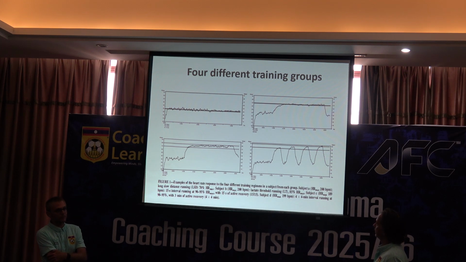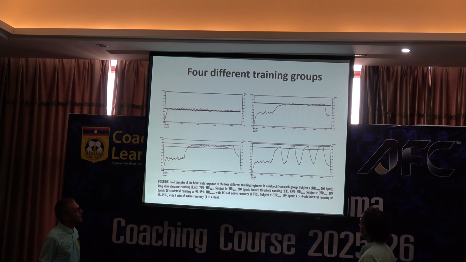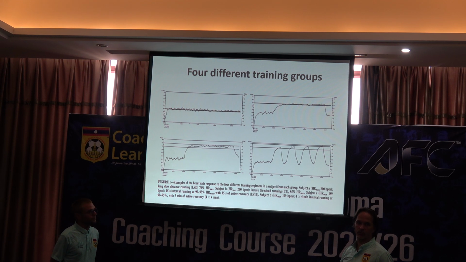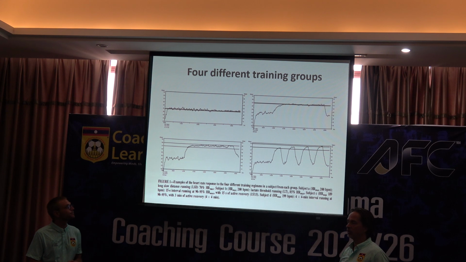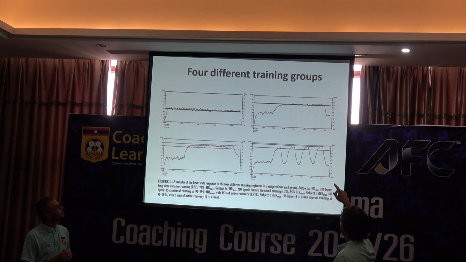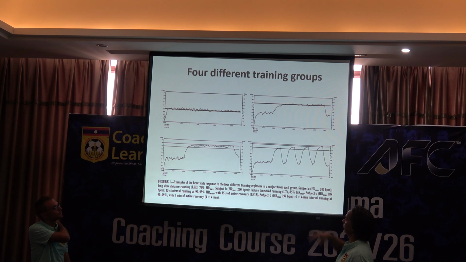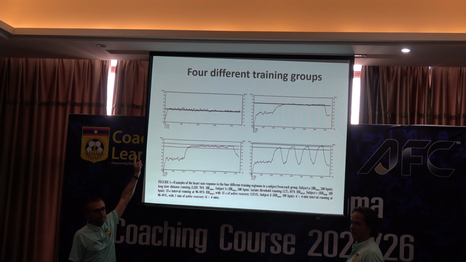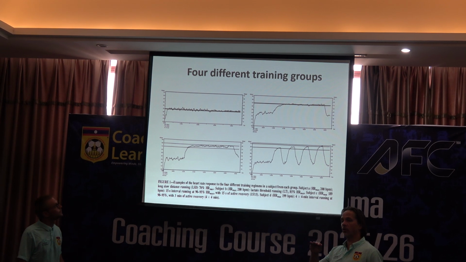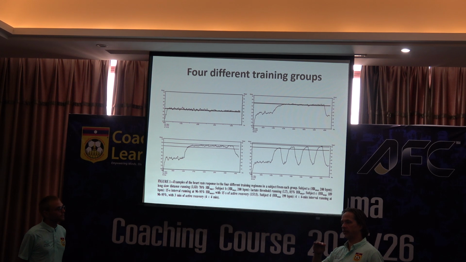They had a group of athletes that they put into 4 different groups. One of the groups did continuous running, that's your top left corner. So they ran for a prolonged period of time at fixed intensity.